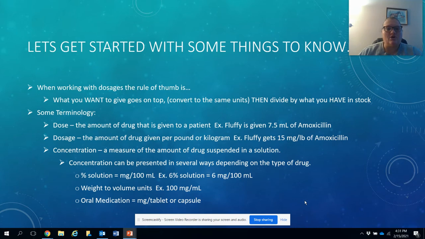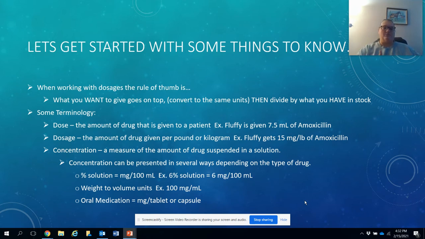Another term to know is concentration, a measure of the amount of drug suspended in a solution. So how much drug is per ml of a solution. Some ways you'll see that could be percent of solution.